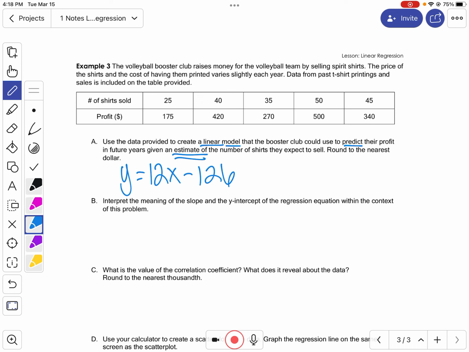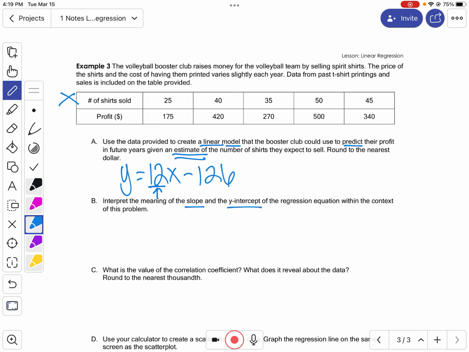Okay, so we're going to interpret the meaning of the slope and the y-intercept with this problem. So 12x, that represents your slope. So your slope is 12. Notice your x is the number of shirts sold. So looking at it, that would mean that each shirt sold was $12, because 12 times the number of shirts would give you that price of the total shirts sold.